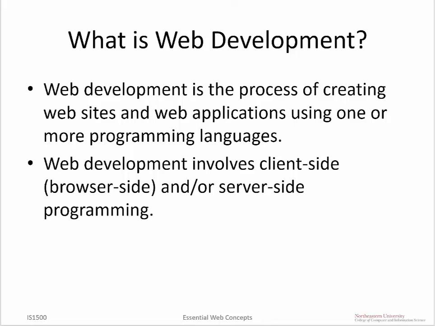So the server is the machine that contains the page. Your browser becomes the client because it requests pages. And so this is what's often referred to as a client-server architecture. And there's both development of code on the client, code that runs within the browser, and code that runs on the server.